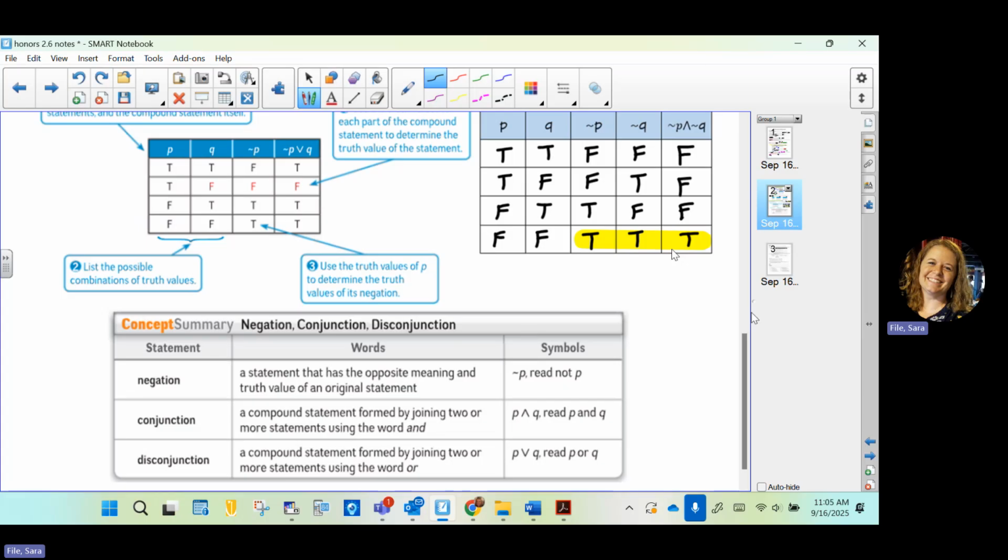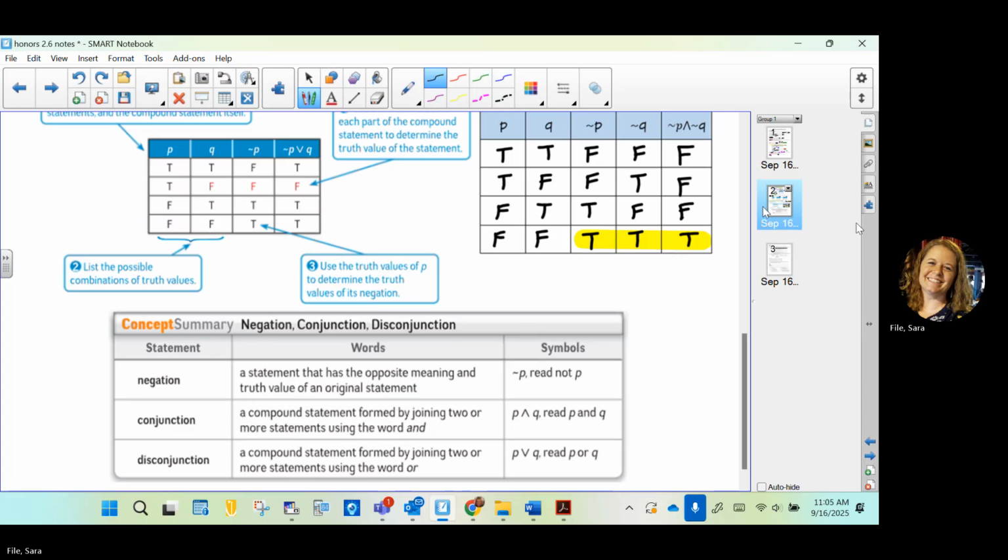So for an and statement to be true, both parts have to be true. Or, that's either or. If it's an or statement, either one can be true for the or statement to be true. Not sure if that helps, but and means both. Either or means either.